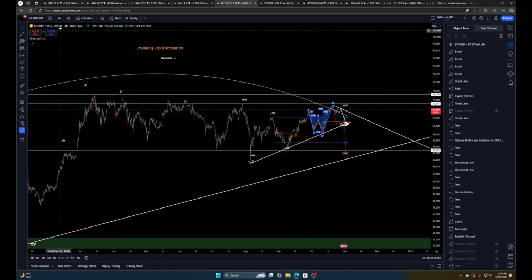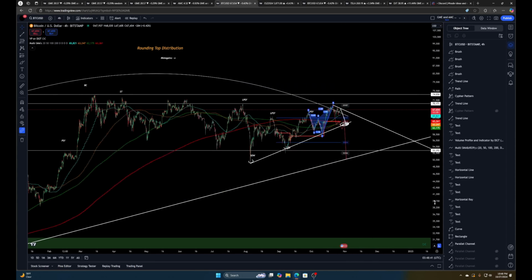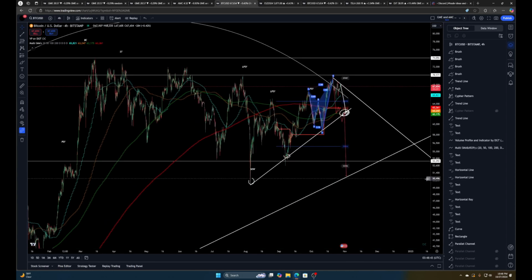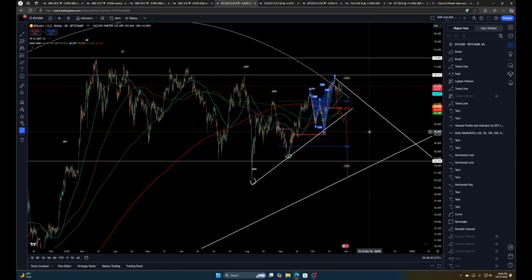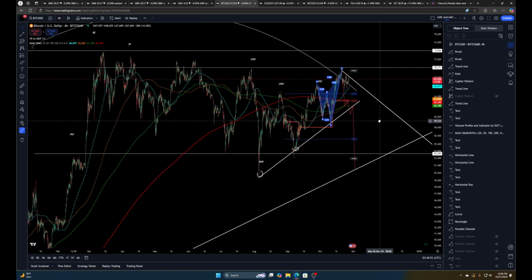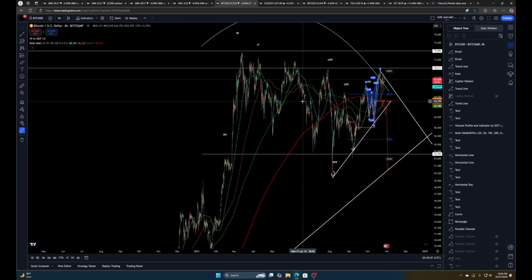I'm inclined to say that because if we put on the multi SMAs and our daily 200, which is currently sitting at $63,261, this thing is cooked. The next time price goes under the daily 200, this thing has lost momentum. The momentum is curling down.